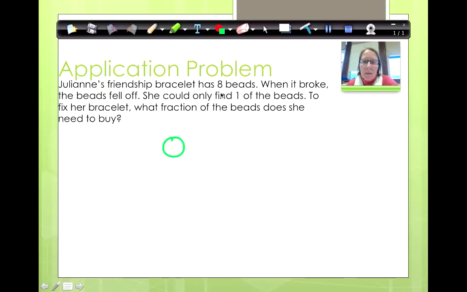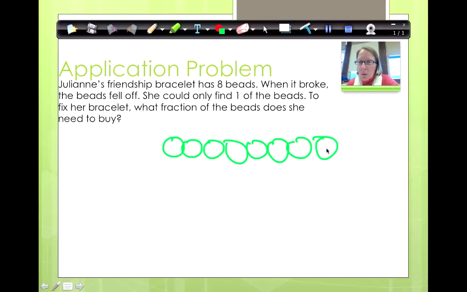So 8 beads, right? 1, 2, 3, 4, 5, 6, 7, 8 beads for her bracelet. Now, if I have them broken into a fraction, what's my unit? What's my unit fraction for each partition? Well, there's 8 of them, so they're going to be eighths, right?